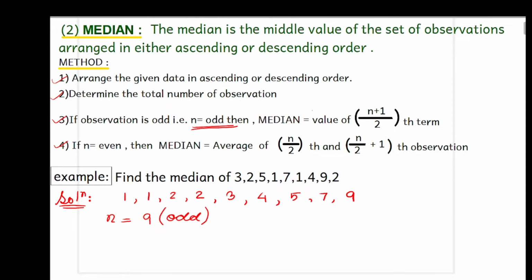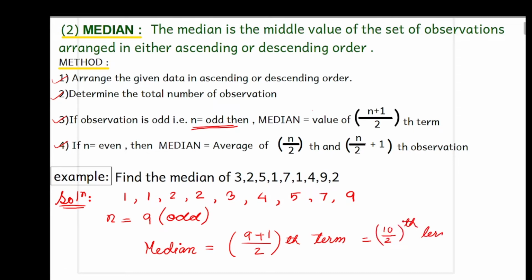Median will be the value of the (n plus 1) by 2th term. That means 9 plus 1 by 2, so 10 by 2th term, which means the 5th term.